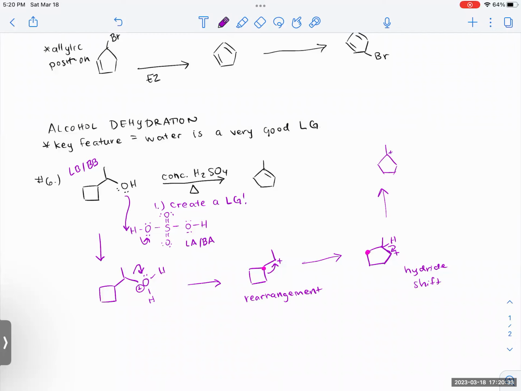So now we have a tertiary carbocation, and in our solution, we have H2SO4. That's just HSO4 because it's been deprotonated. It's going to come in and reprotonate itself with that hydrogen that just moved over, and then it will form a double bond.